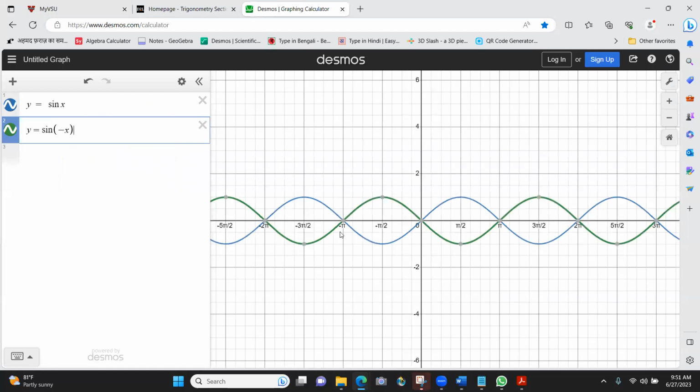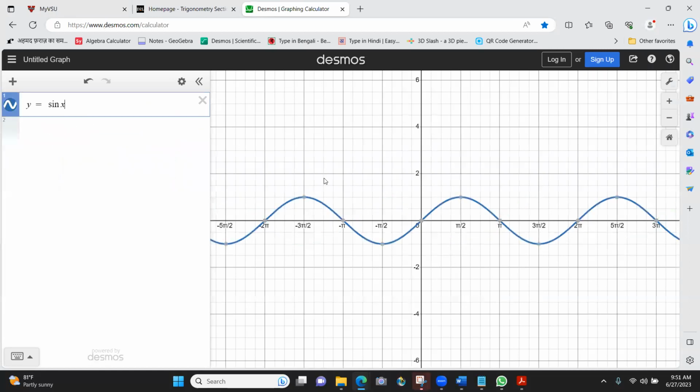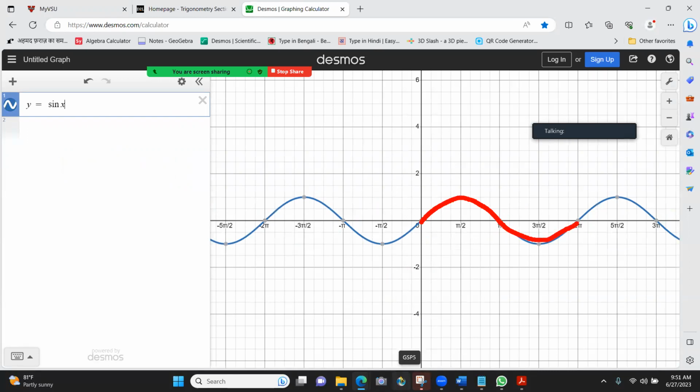Again, what's the period? This is the period. Period means, starting from 0, how far do you have to go to get your first unit? For this one, it's going to be 2 pi. This thing is copied over and over again.